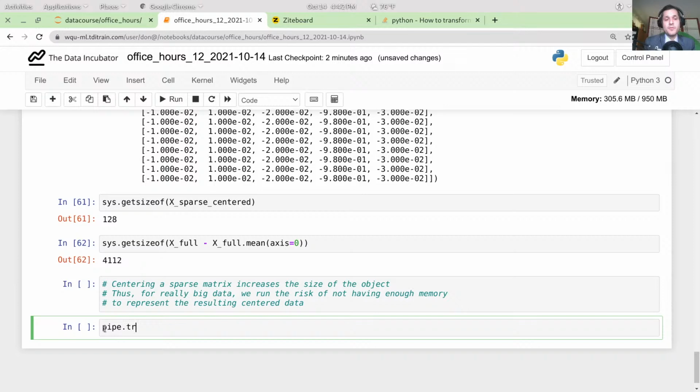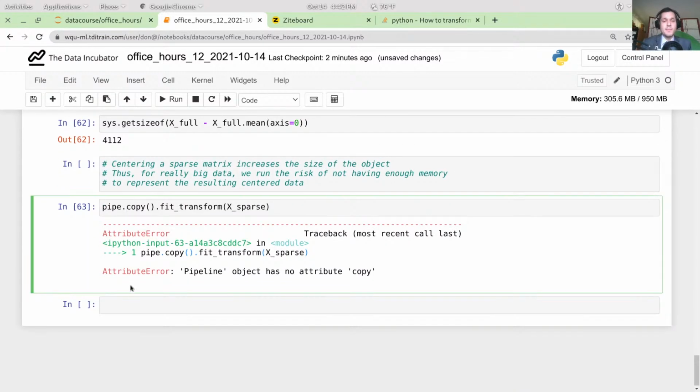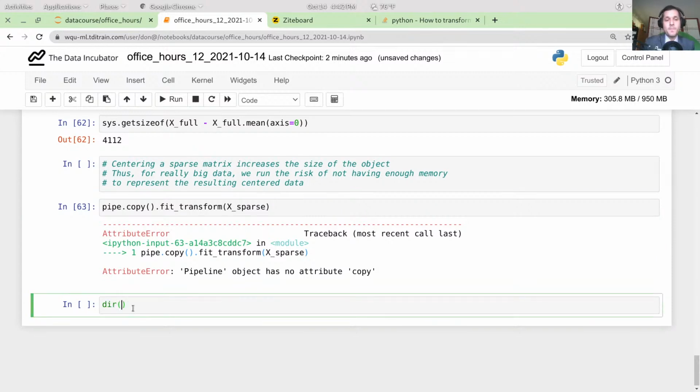Pipe, and let me do copy, because I don't want to change the original. And fit transform on x sparse. Pipe has no copy. I think it's called clone.